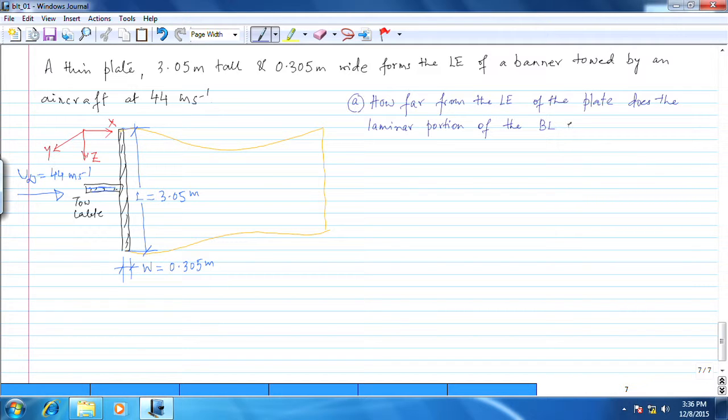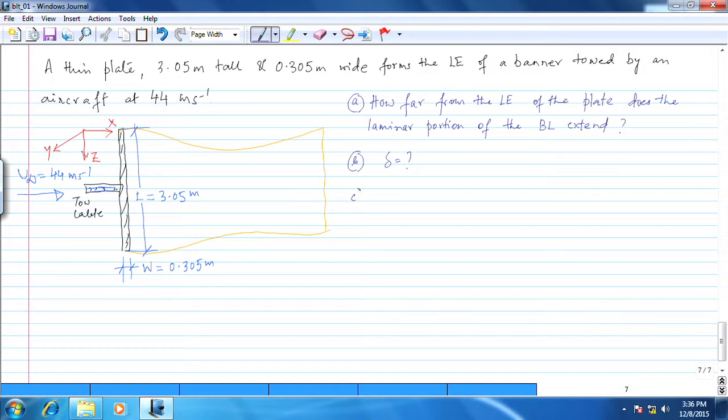That is the first question, right? The second is, what is the boundary layer thickness at the downstream end of the laminar boundary layer, right? So, what is the thickness at the downstream end of the laminar boundary layer?